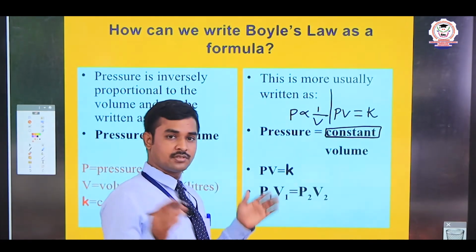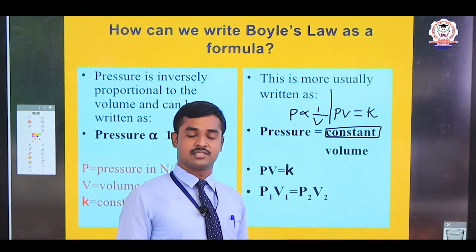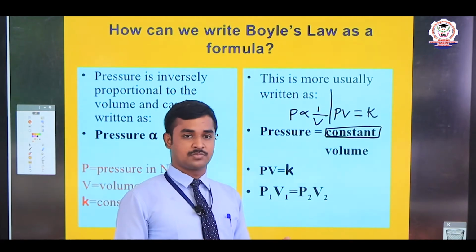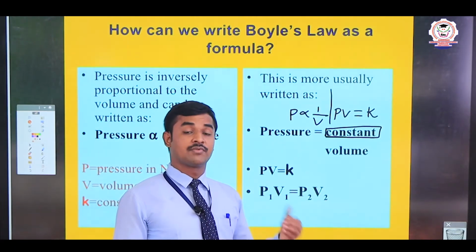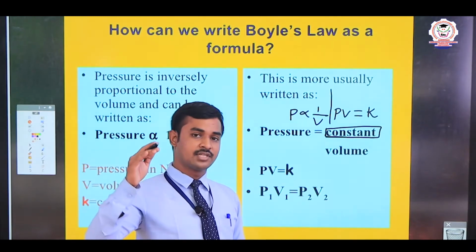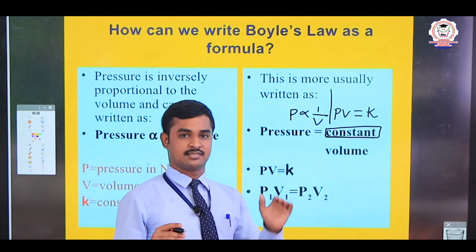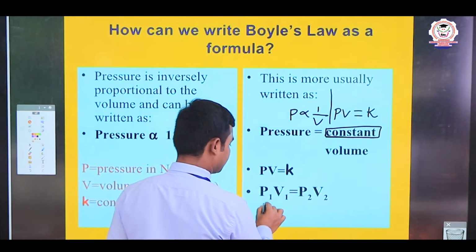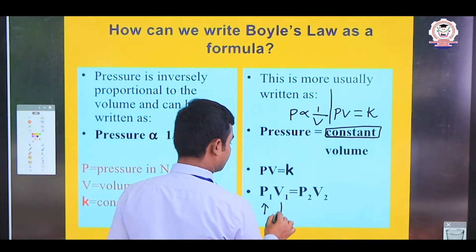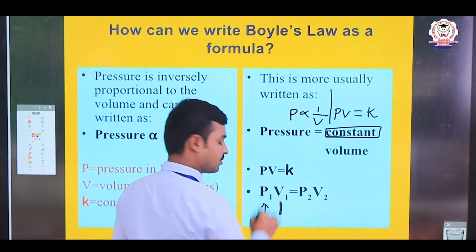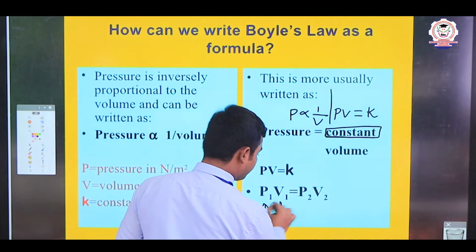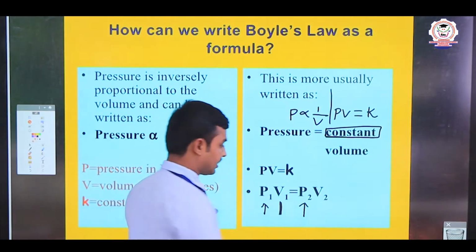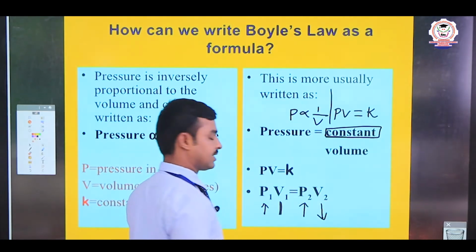In an experimental Boyle's law, you can take two pressures and two volumes. When applying the pressure, what will happen to the volume? We will check. When you increase the pressure, volume will decrease. So, it is opposite. If P2 is obtained by increasing P1, then the V2 value should be decreased.